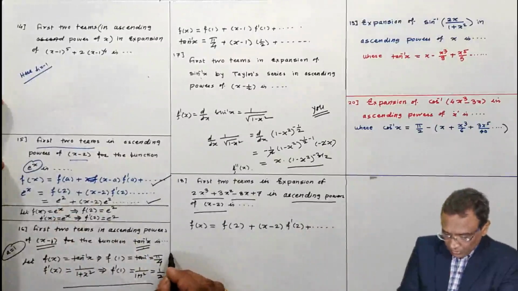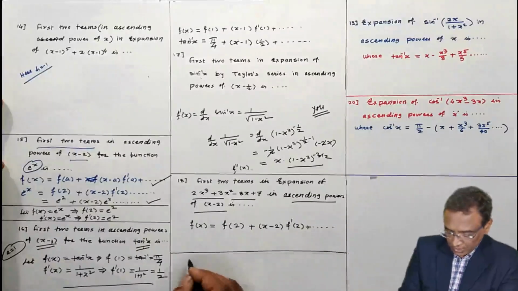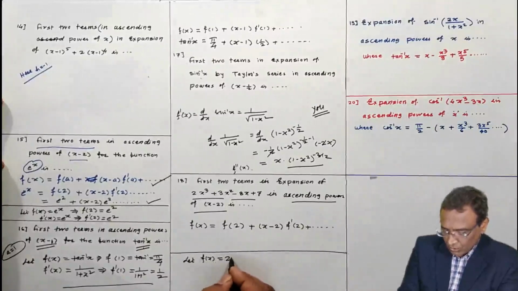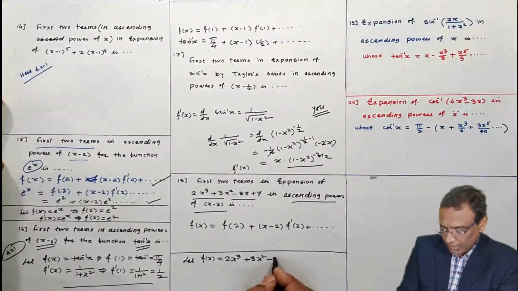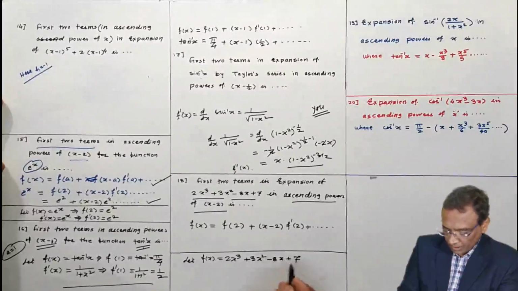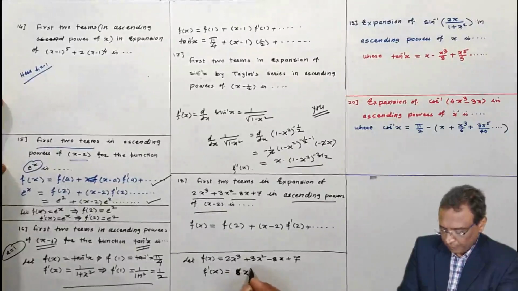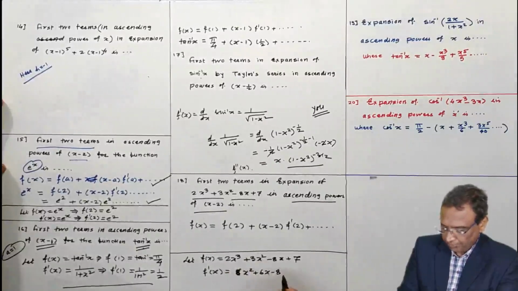What is the function given to you? Let f(x) equal to 2x cube plus 3x square minus 8x plus 7. Derivative of this, f dash x, is what? 6x square plus 6x minus 8.